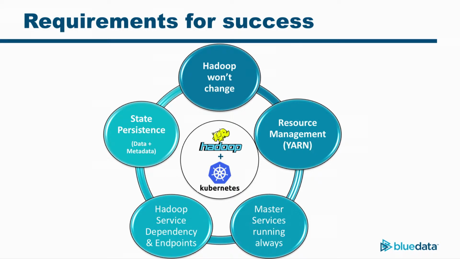So we have to think about how to take Hadoop clusters the way you run them on physical servers or virtual machines and run them on top of Kubernetes. Resource management is still going to be done by YARN. When you submit jobs into a Hadoop cluster, the queues and resource management within that cluster, even though it might be running on containers, will still be managed by YARN. And that's an important point.